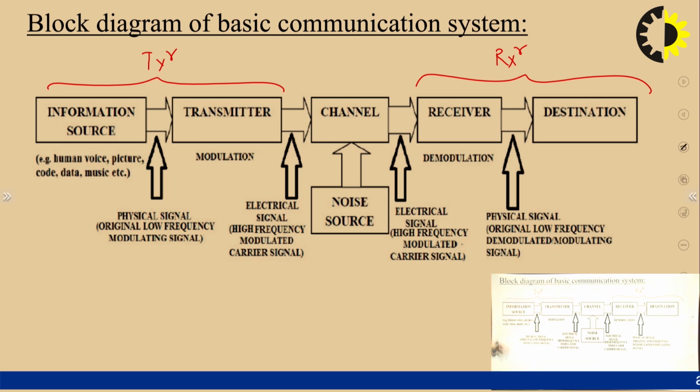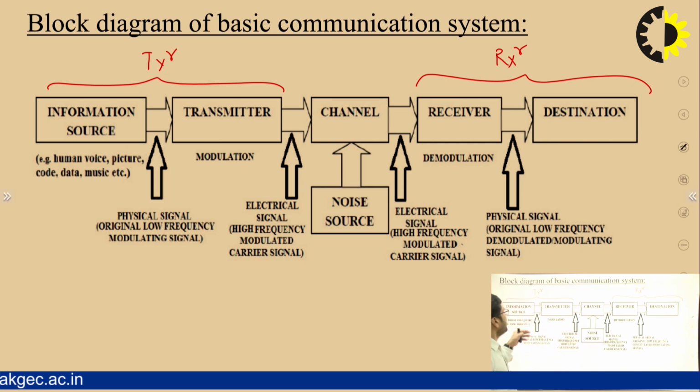The information source, as you can see, could be a signal like human voice, picture, data, music, etc. The transmitter is a combination of parts, and here we can do the modulation.